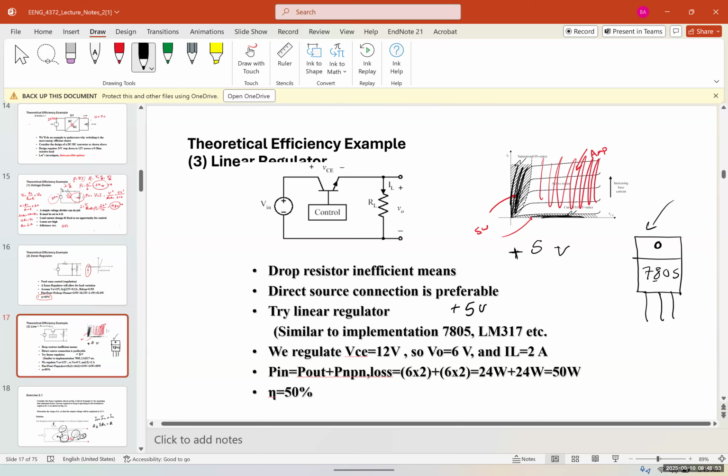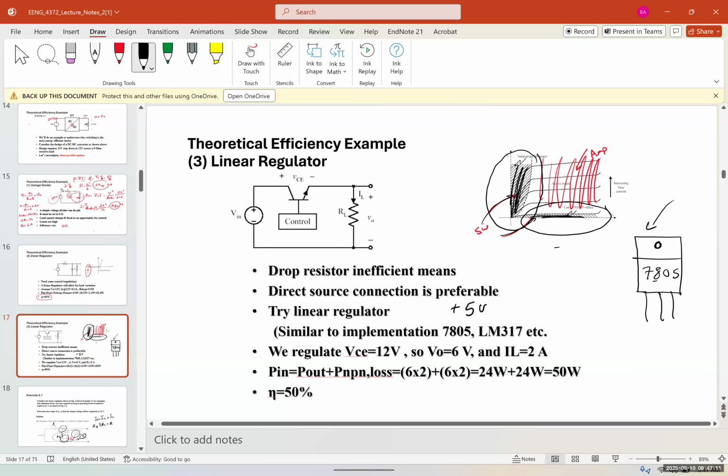We have direct source connection in these systems usually. We try a linear regulator, similar to an implementation of 7805 or LM317. We regulate a VCE of 12 volts, so V out would be 6 volts and IL would be 2 amps. If we want to find the P in, it is equal to P out plus P of the NPN transistor, which is the loss.